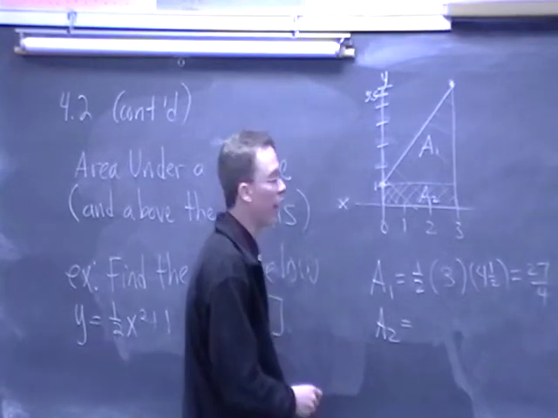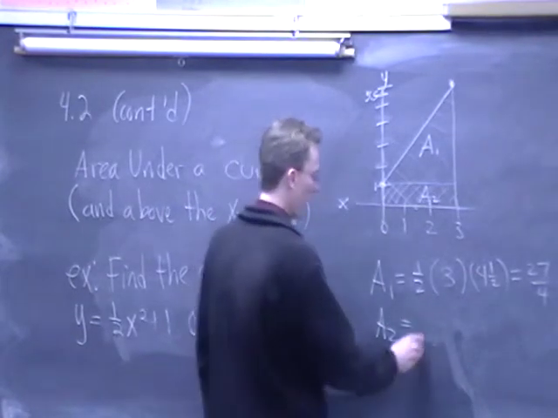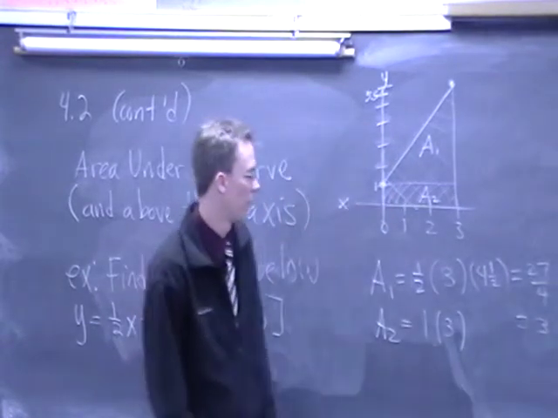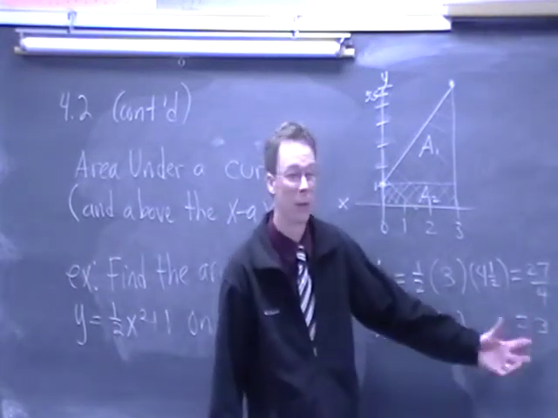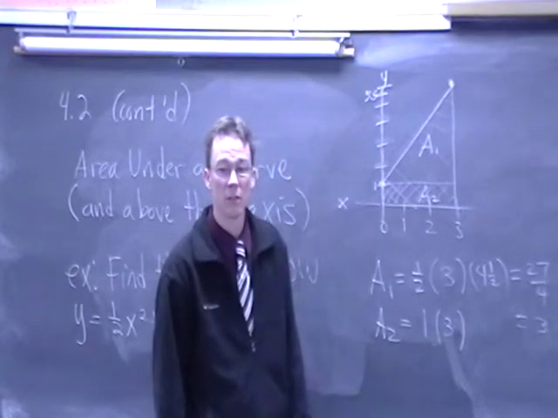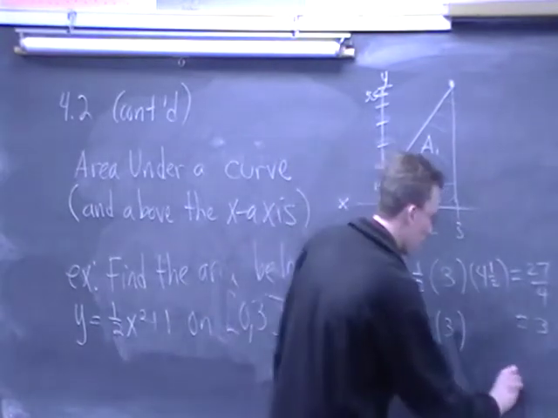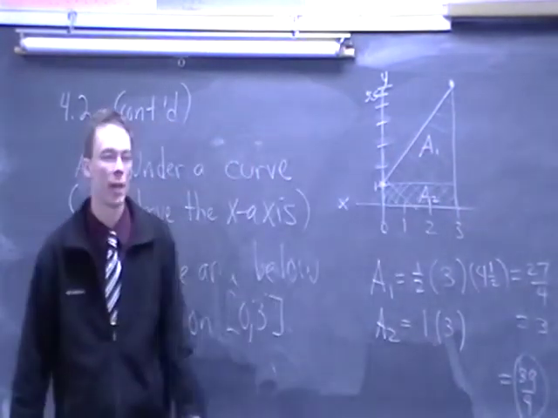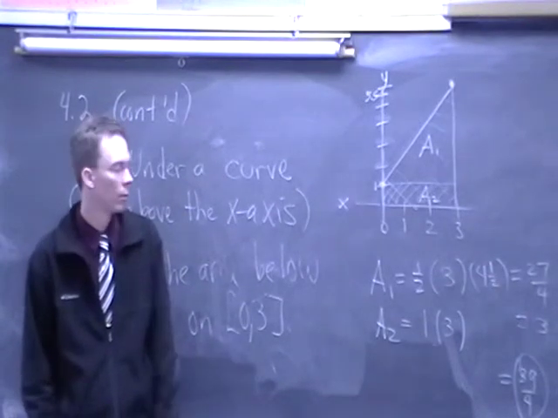That's just a what by what rectangle? 1 by 3, so that's obviously 3 units. So 27/4 plus this is 12/4, 39/4. So your total area then would be 39/4, 9 3/4.